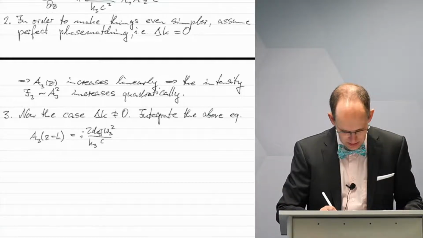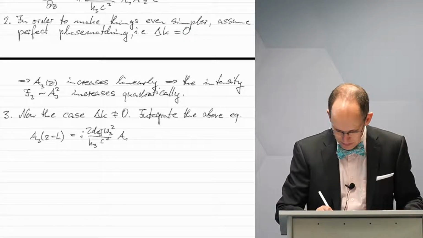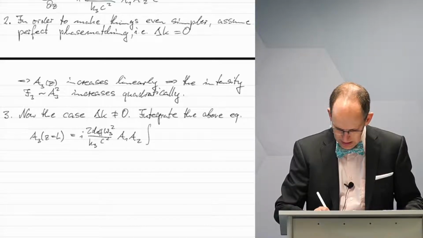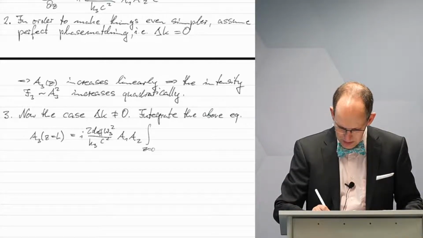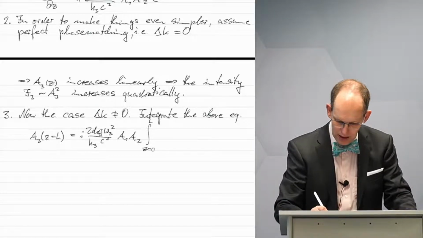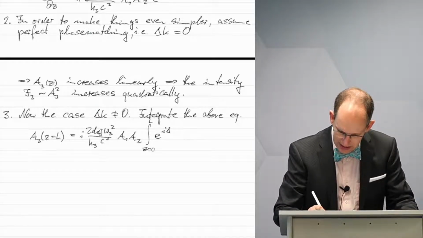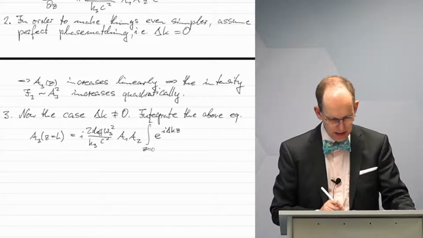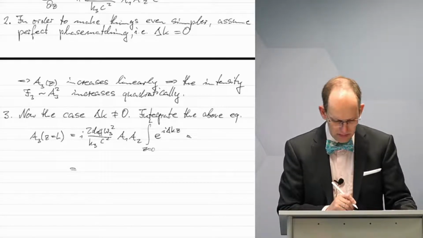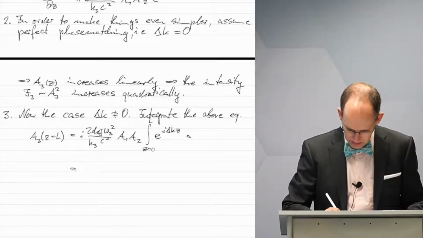So we have k3 times c squared. A1 and A2 are supposed to be independent of Z. And then we integrate from Z equal to 0 to Z equal to L, e to the I delta k times Z. And as I said, the integral can be done immediately.